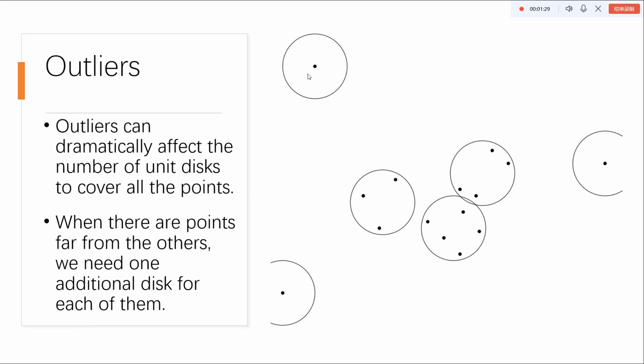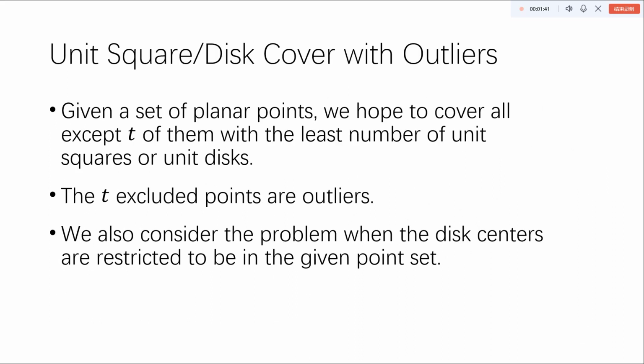So you can see that these 3 outliers actually double the number of unit disks needed to cover the whole point set. To deal with such cases, we hope to design an algorithm that can detect the outliers and cover the remaining points with the least number of unit squares or disks.